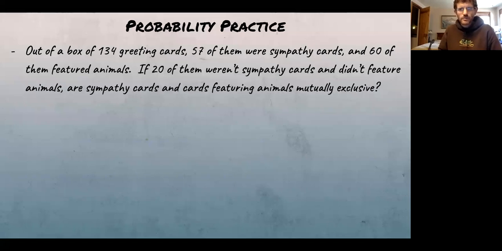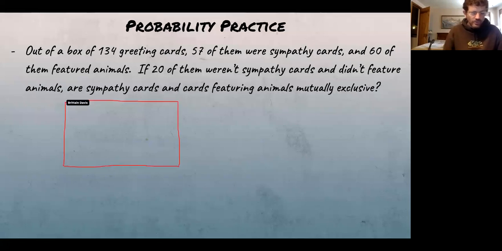So mutually exclusive, let's remember, well, let's actually visualize what mutually exclusive means, because we're going to draw with a Venn diagram. Mutually exclusive means both events can't happen at the same time. So in a Venn diagram, two mutually exclusive events would look like this. There's no overlap.